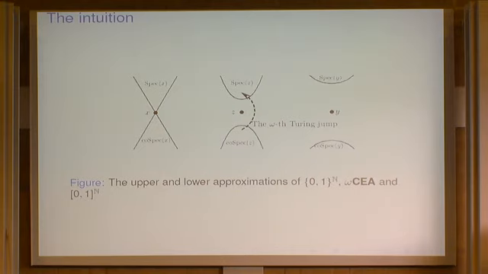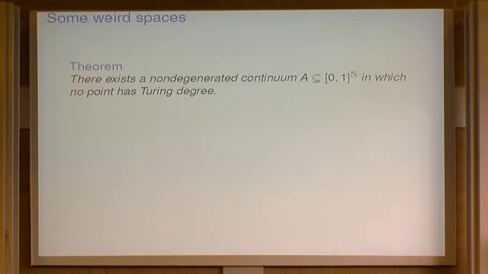Just a few mentions of some other nice things one can do with that. We can, for example, construct a particular non-degenerate continuum where there aren't any points which have Turing degrees in the first place. This, of course, is only a property up to computably piecewise homeomorphisms.